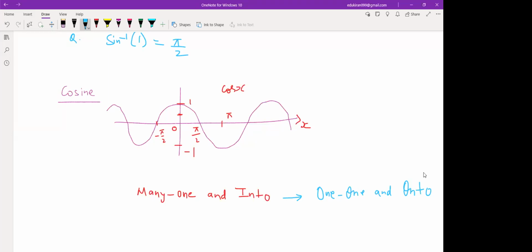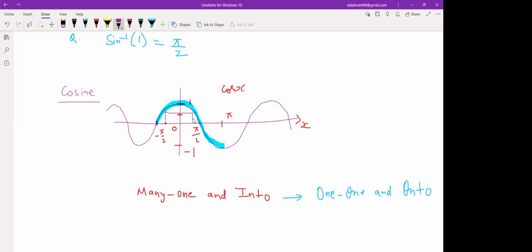Minus pi by 2 to pi. Let us suppose we select this branch, minus pi by 2 to pi. So it is many-one here. It is not one-one because if you see, this is having two pre-images.